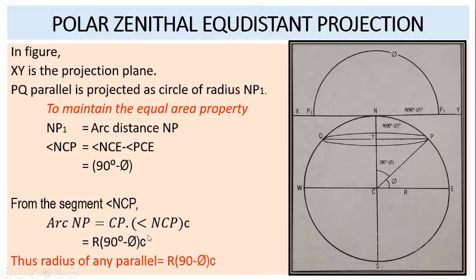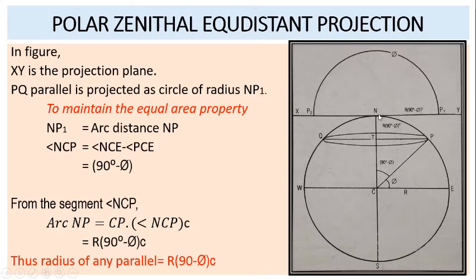It is about 57 degrees, like that. So arc NP is equal to CP into angle NCP in radian, because as all sides are similar, NP, CP and NC, arc NP and these two sides are radii, and they are similar.